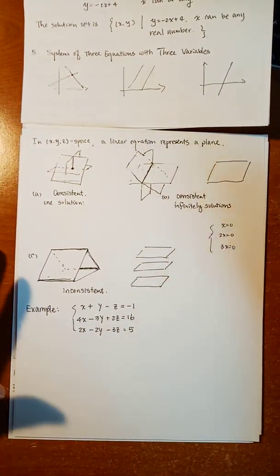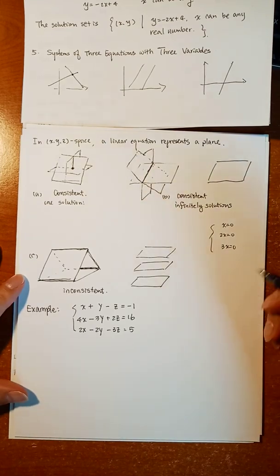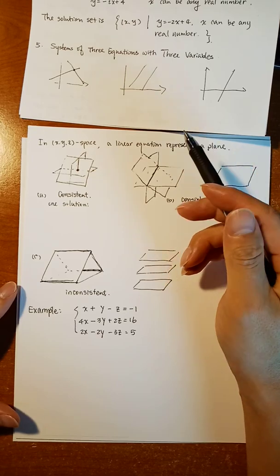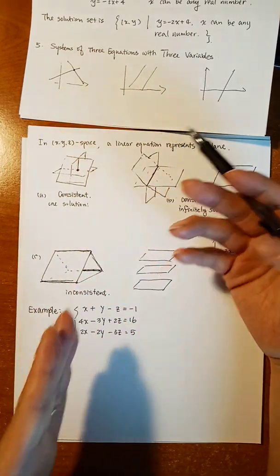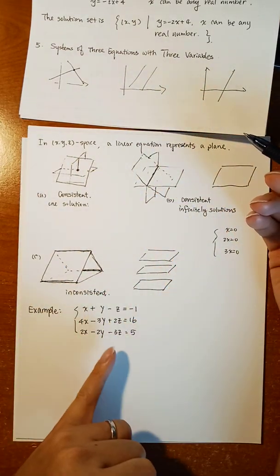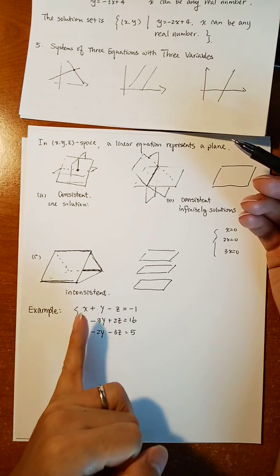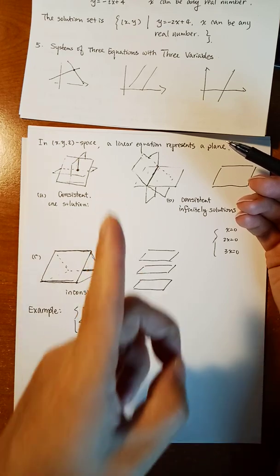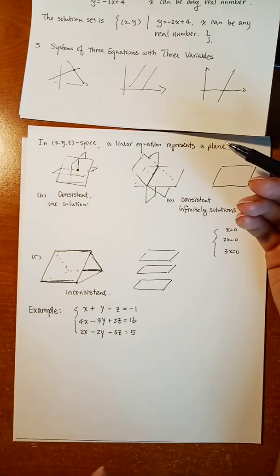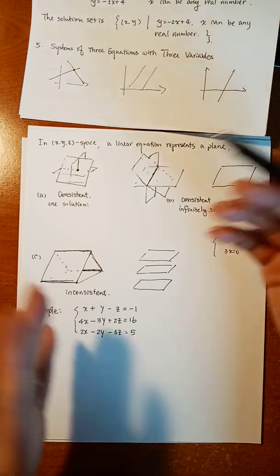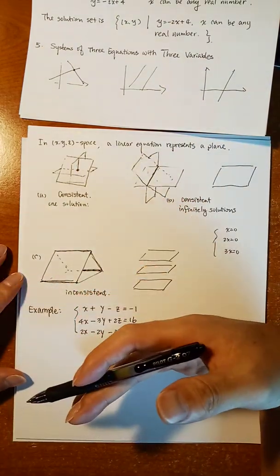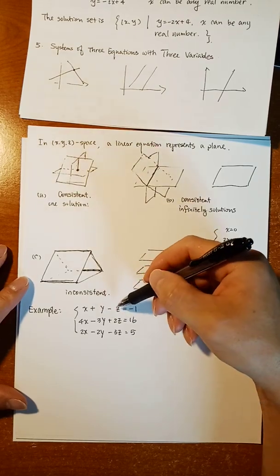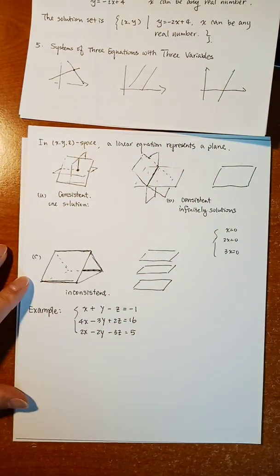And we want to use the elimination method to solve it. In the previous case, you have 2 variables. You can eliminate x or eliminate y. In the 3 variable case, you can eliminate x, y, or z. But once you fix one, you're going to just eliminate that variable. You will not mix them. The first step you eliminate x, and second step you eliminate y. That's not allowed. You will be consistent. You eliminate z, then you will always eliminate z.